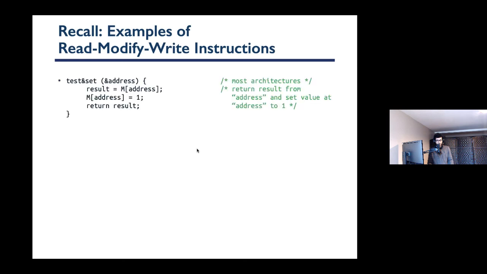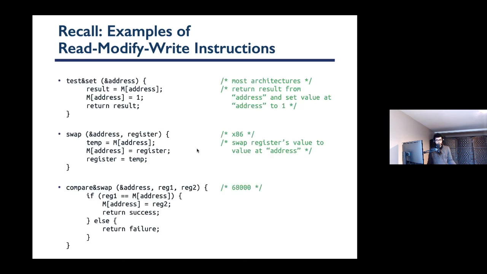Now these are examples of read, modify, write instructions. This is basically just showing you the logic of these. It's not the actual implementation. So for instance, test and set. Given an address, I want to read what is in that address. So this is the read. I modify that, and then I save it, and then return the result.